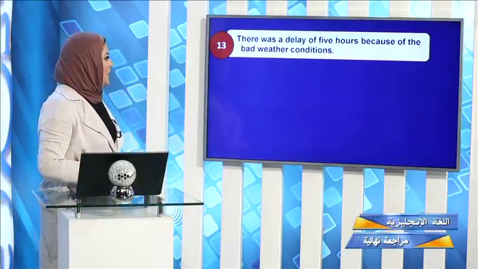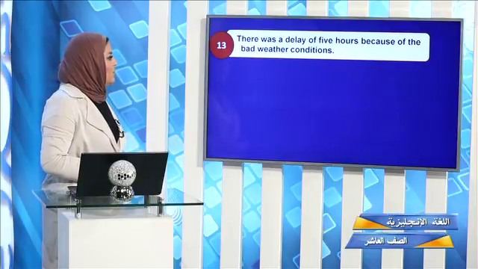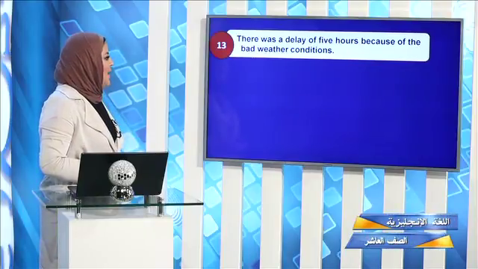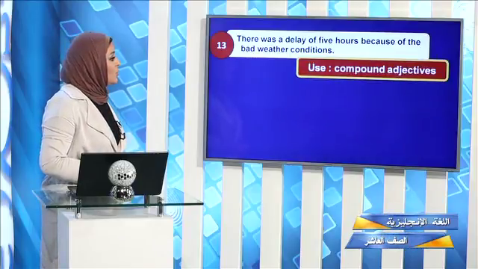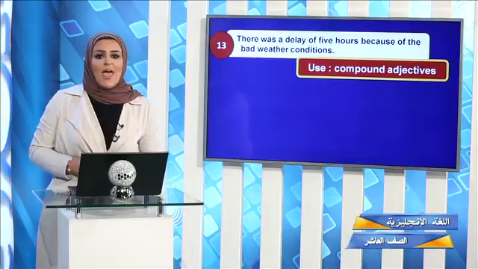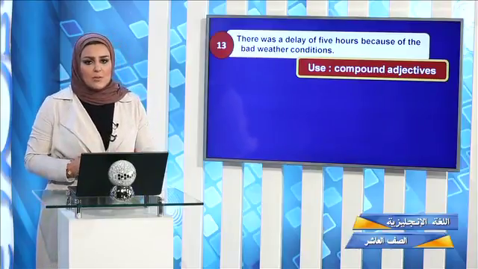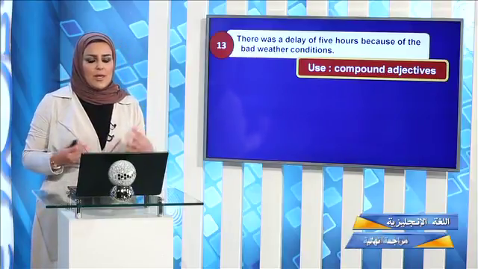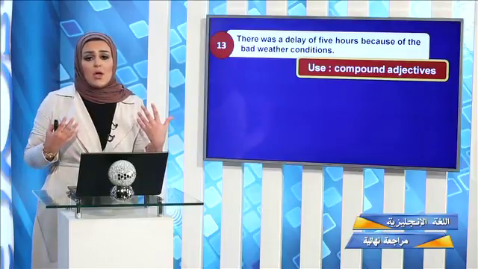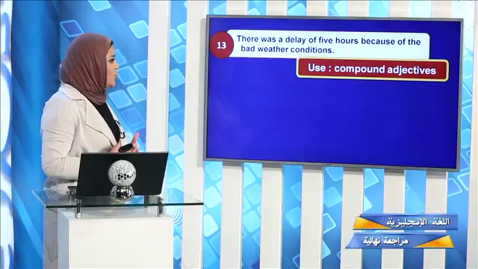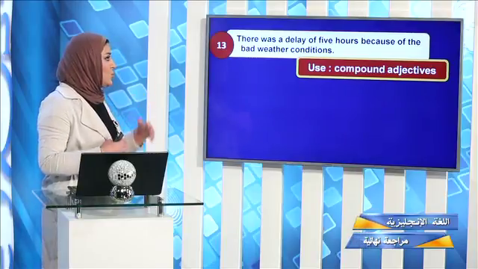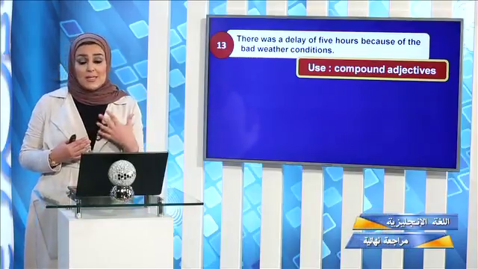So the sentence is: there was a delay of 5 hours because of the bad weather conditions. So you have to use compound adjectives. Of course, as you already know, compound adjectives combine one or more adjectives, and they relate to the noun that we have in the sentence.